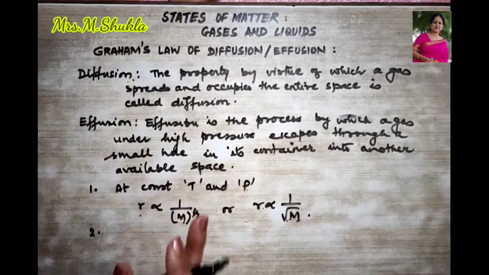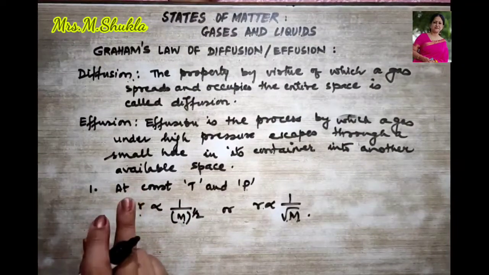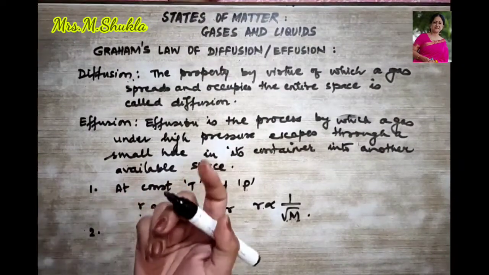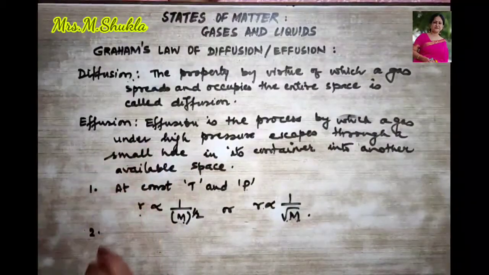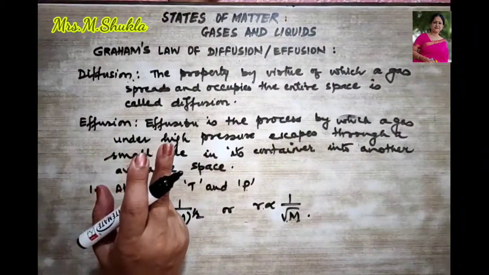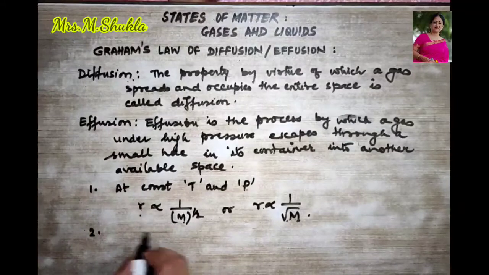It says that the relative rate of effusion of two gases, namely say A and B, under similar conditions of temperature and pressure, how can they be written?